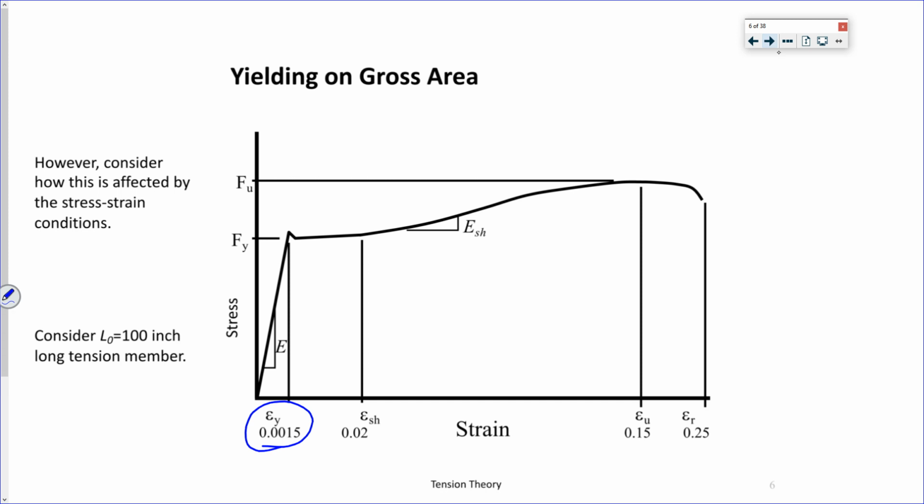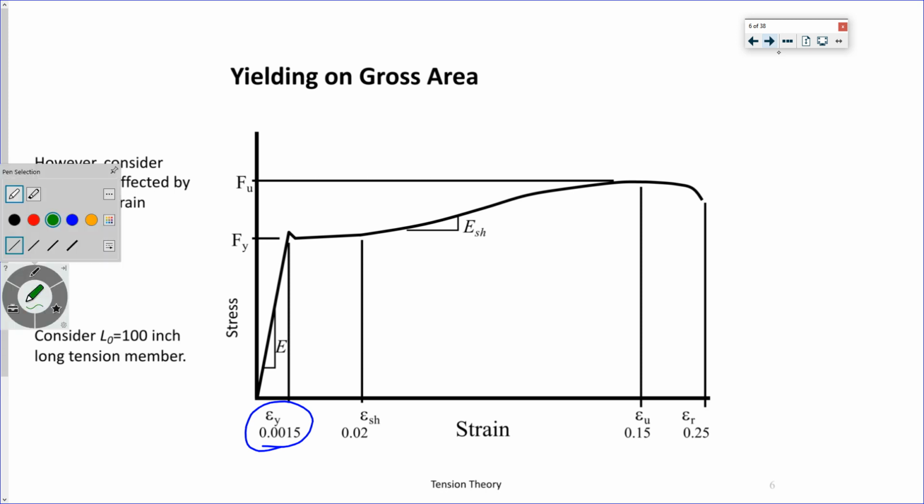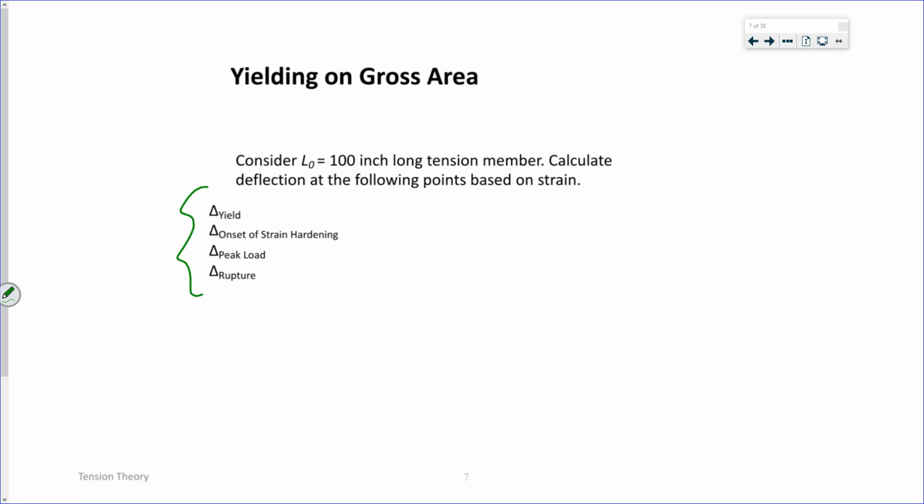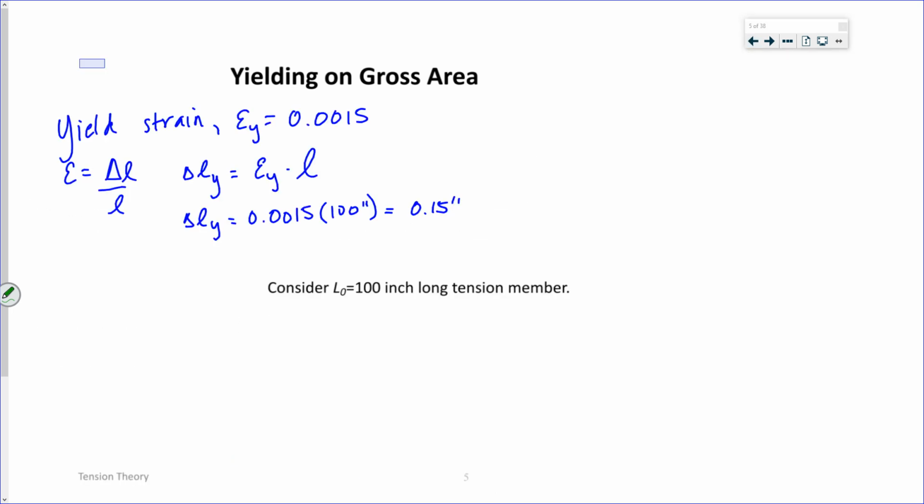Now let's look at strain hardening. This is yield. Calculate the deflection at the following points.